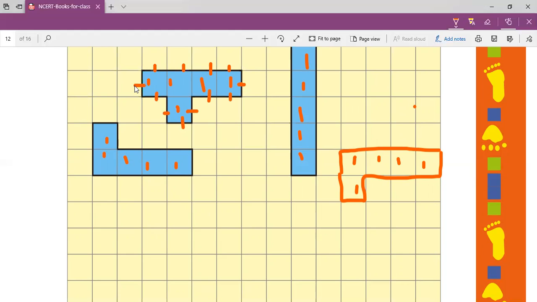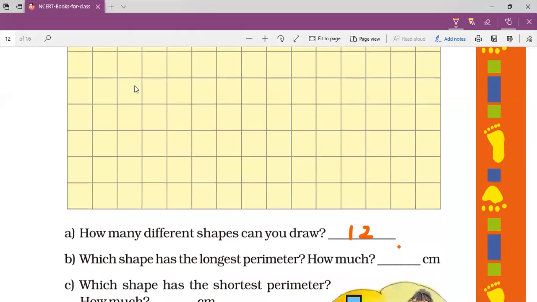So what is the boundary of this shape? What is the perimeter of this shape? It is 12 centimeter, not 12 square, only 12 centimeter. Understood? Understood how to find the perimeter of the shape?